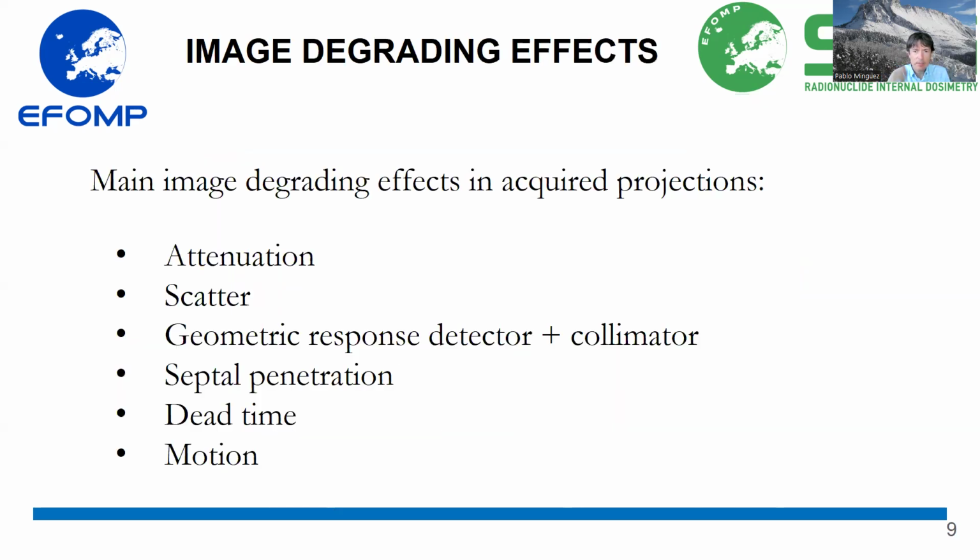So those are the main image degrading effects in the acquired projections: attenuation, scatter, the geometric response of the detector and collimator, septal penetration, dead time, because the gamma camera behaves as a paralyzable camera equipment, and motion.